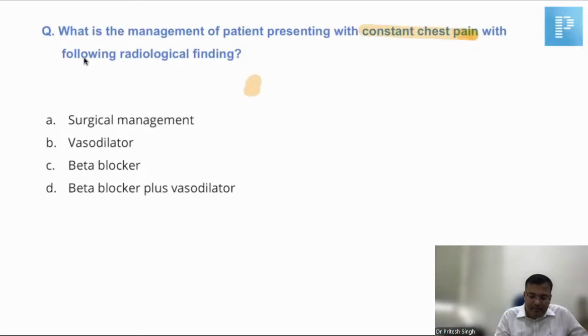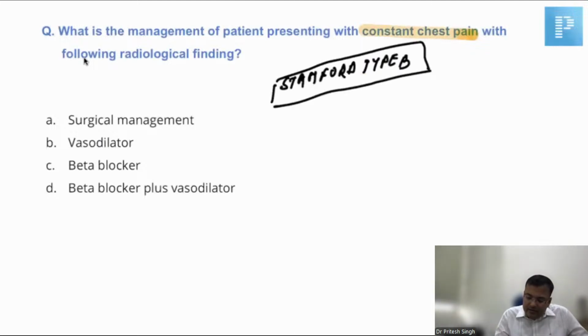Stanford type B. Okay. So it was related to aortic dissection, Stanford type B. So guys, here obviously we'll go for surgical management.